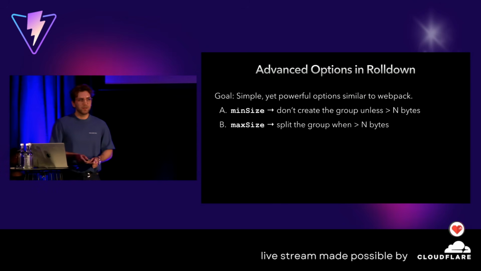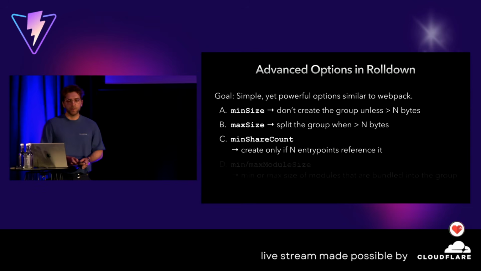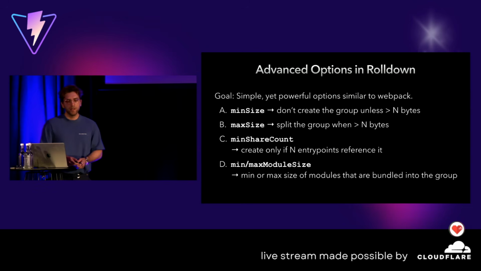Max size, basically the opposite, split the group if it exceeds n bytes. Min share count, like seen on the previous slide, only build a group if it's used by a certain amount of entry points. And finally, min or max module size, which means only put modules in that group if it exceeds or if it's below some certain size.